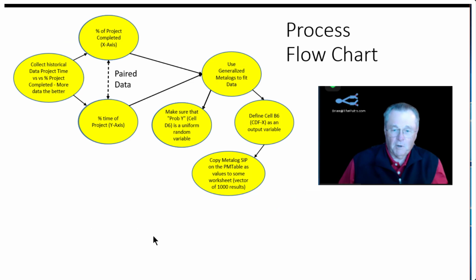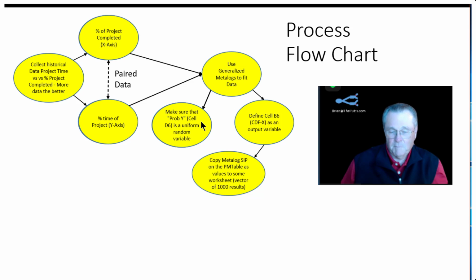So here's the process flow chart. If you think you understand all this, you can kind of skip through this part, but basically we're going to use historical data. The more data you have, the better, and you're going to get a paired set of percent of the project completed versus the time on the project. That's a paired set. We'll fit this to the Metalog.